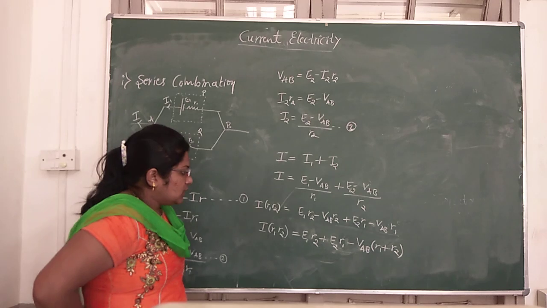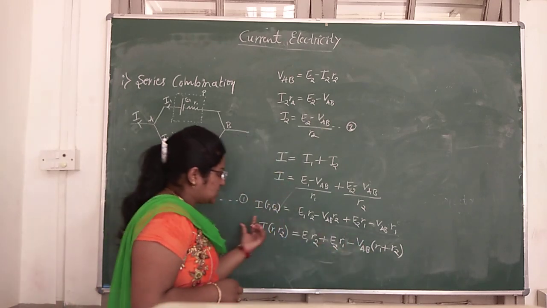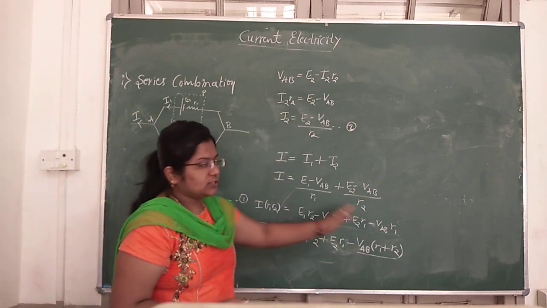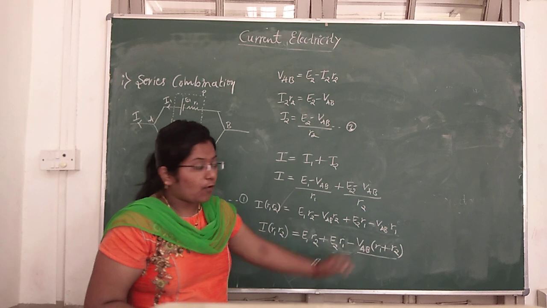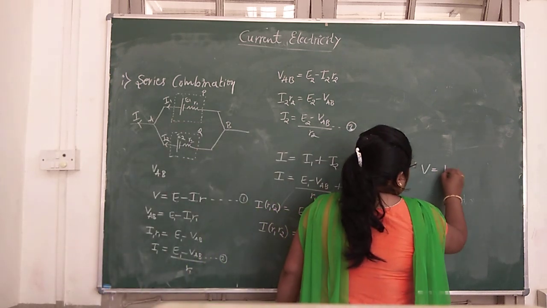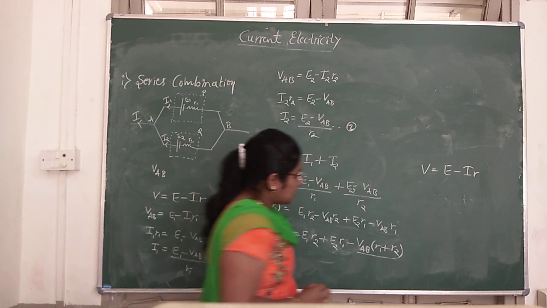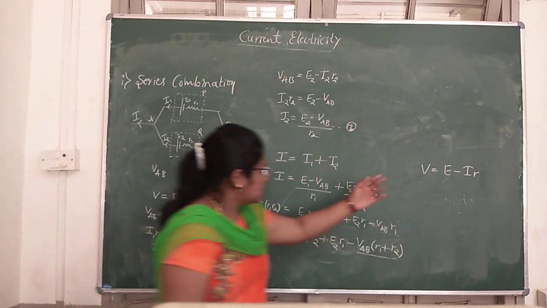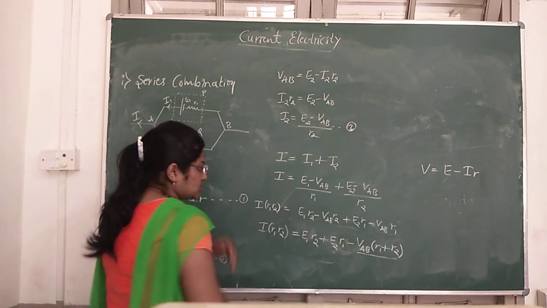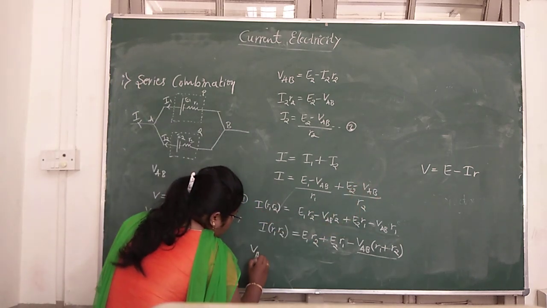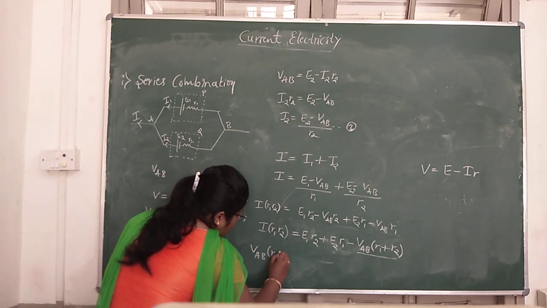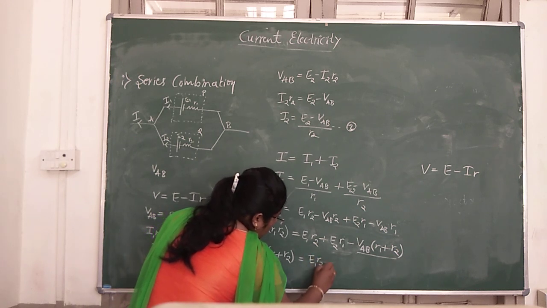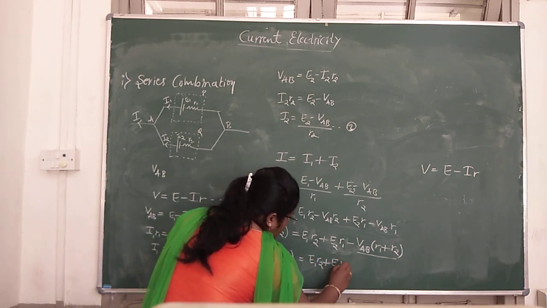Now send this whole term to this side. This VAB is there, right? Send that to this side and send this to that side, because we have to form the equation in the form E minus IR. But here we have I equal to E minus V. That's why you can just exchange the terms: VAB into R1 plus R2 is equal to E1 R2 plus E2 R1.